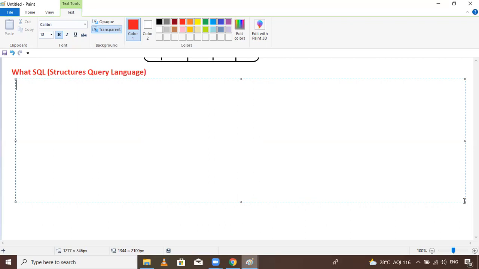In 1970, the relational database model was introduced, as I have already told you. The name was DSL or Alpha language. In IBM, the System R team modified DSL Alpha language into Square language.